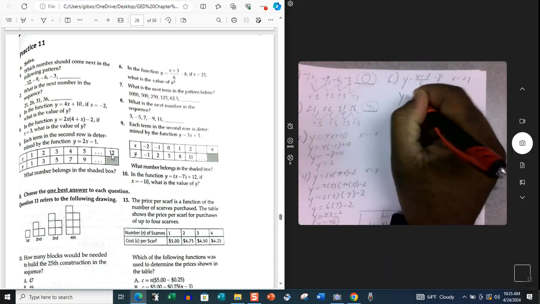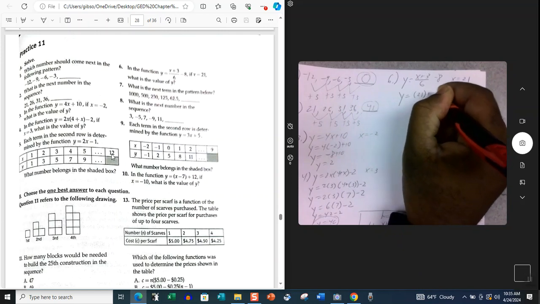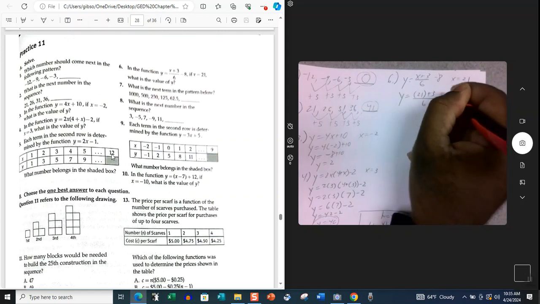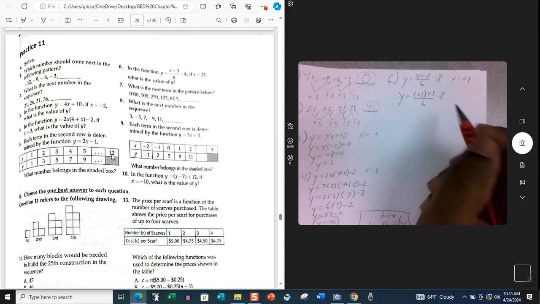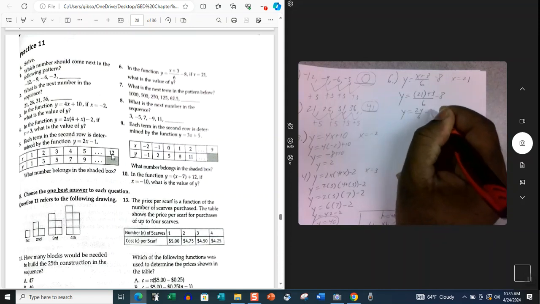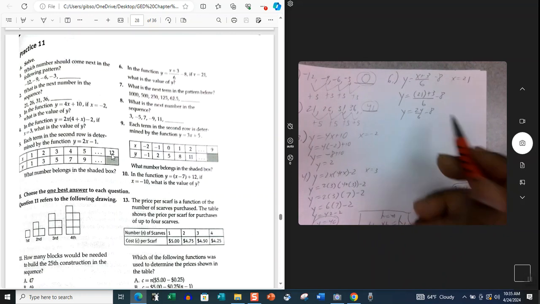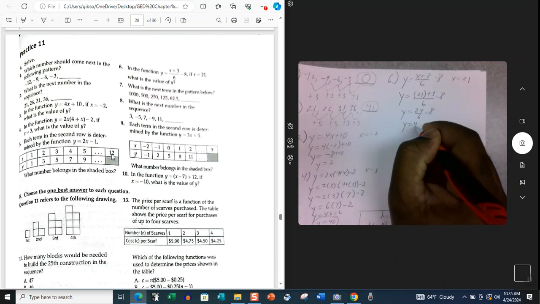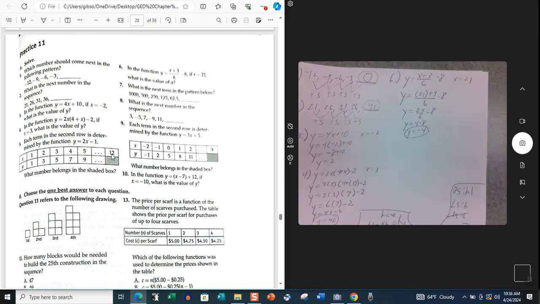So wherever x is, we'll put 21 in its place. So now we have 21 plus 3 will be 24 over 6 minus 8. 24 over 6 is 4, minus 8 is negative 4. So your answer here is y is negative 4.